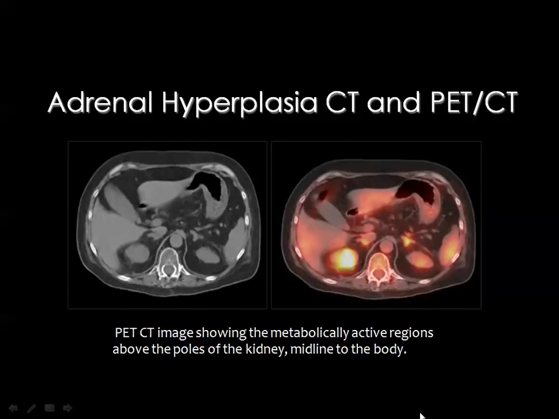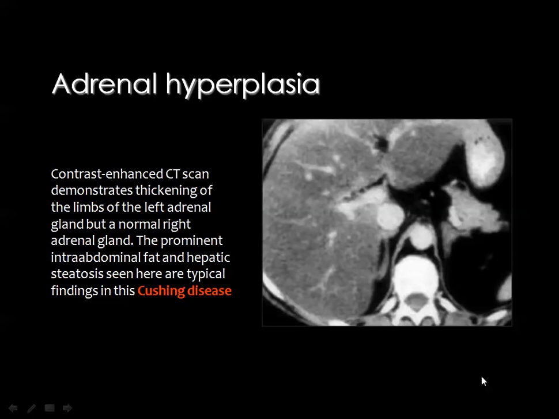One important issue is to remember that the adrenal gland may look normal in size and configuration, but actually it is hyperplastic or metabolically hyperactive, as you can see here in the PET-CT scan, where there is considerable uptake in both suprarenal glands in spite of being almost of normal size and configuration.